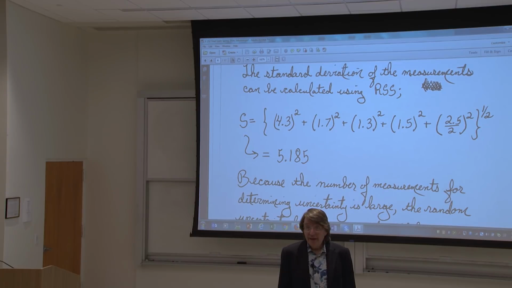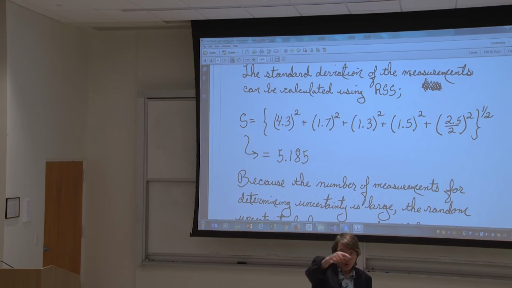P. Now, we're asked to find it for 95% with a large number of measurements. I bet you it's 1.96. Right? So T sub alpha over 2 is 1.96. And Matt, with your permission, we're going to round it up to 2.